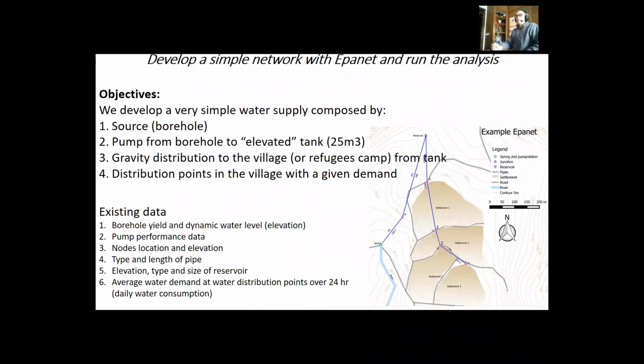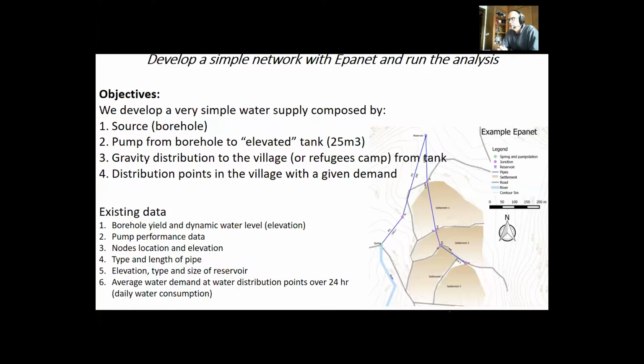And then you start to draw your network. Okay, like I was telling you, you need to identify on your GIS or on your AutoCAD where you have your spring, your borehole, or your water treatment plant. You might even have an existing network as a start for your new network.